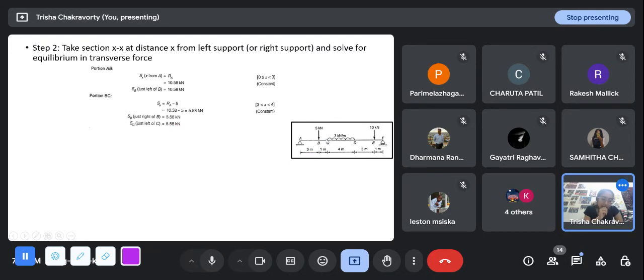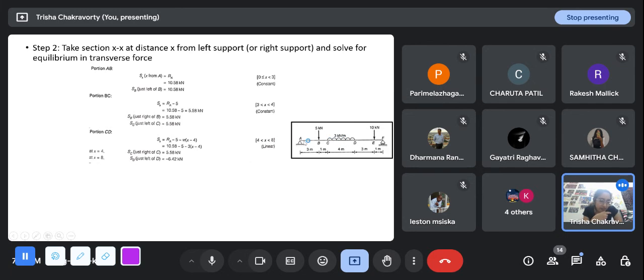Now this zone is tricky because it has a uniformly distributed load, not as simple as a jump. Suppose I am somewhere here, at a distance x from point A. So what happens? You write an equation. Sx is Ra, in the positive direction, minus 5, minus... If I have reached here, at a distance x from A, how much of this load have I encountered?